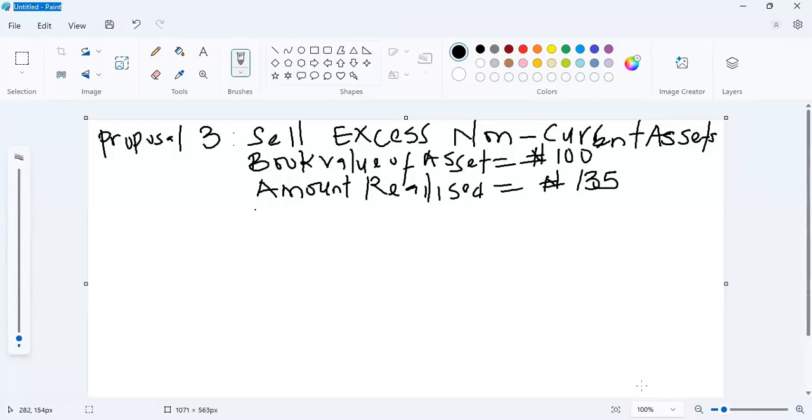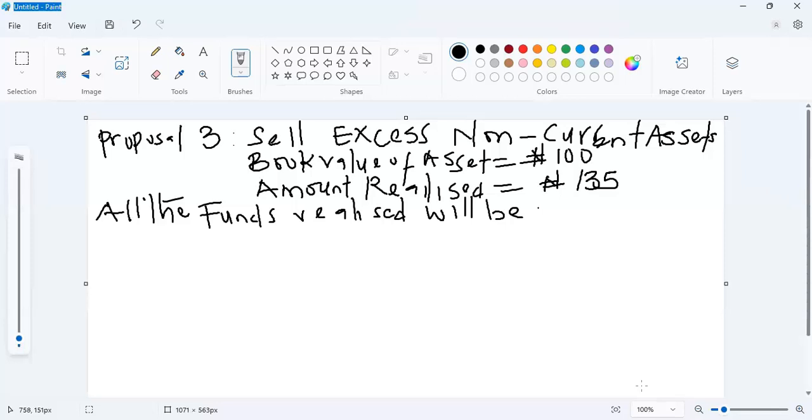All the funds realized will be used to reduce the company's debt.